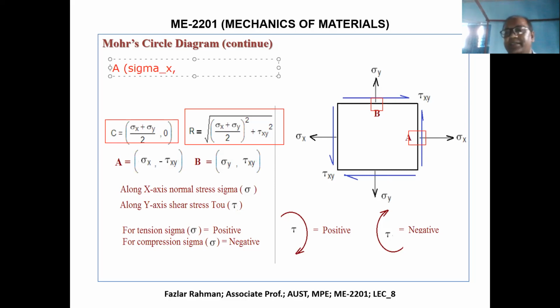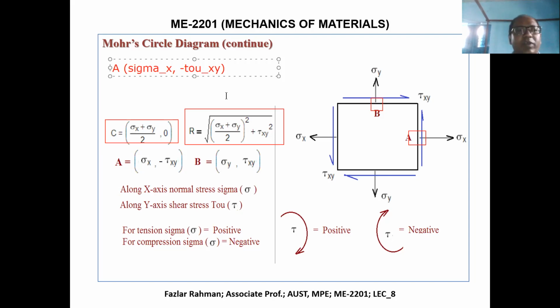Comma, the y coordinate. What is the y coordinate? It is the shear stress tau. But this tau is rotating anti-clockwise at point A, so this will be negative. Then y is minus tau xy, right?